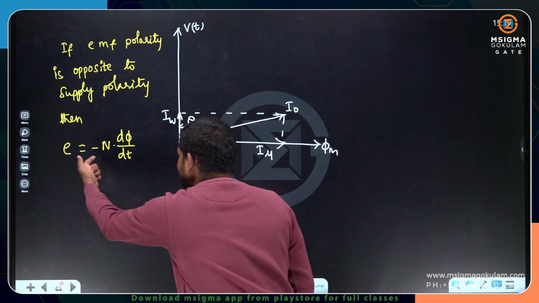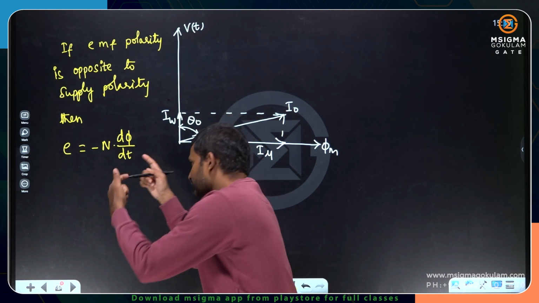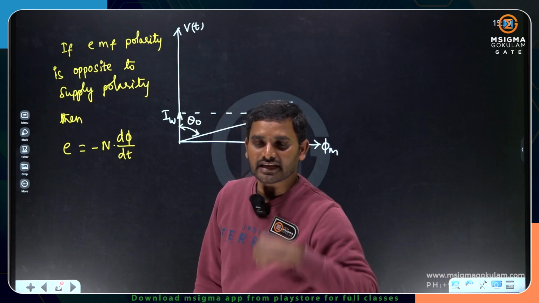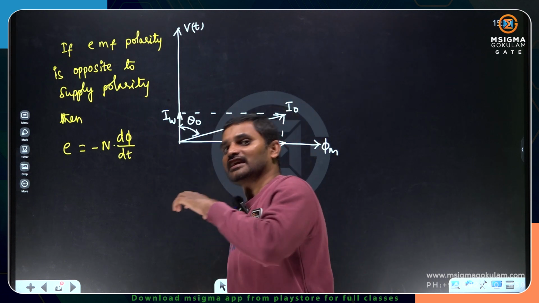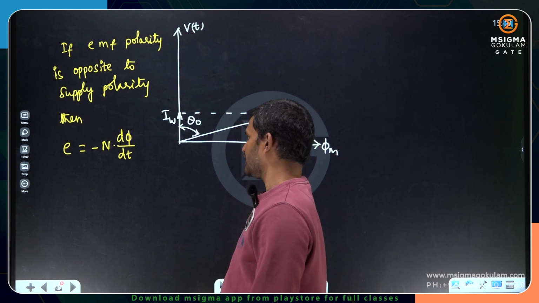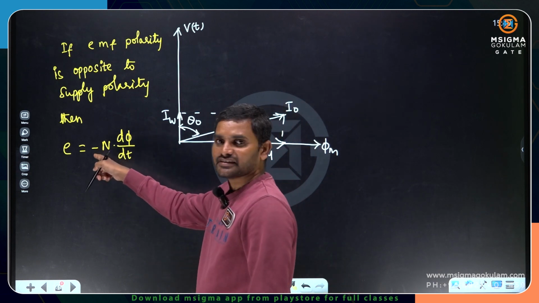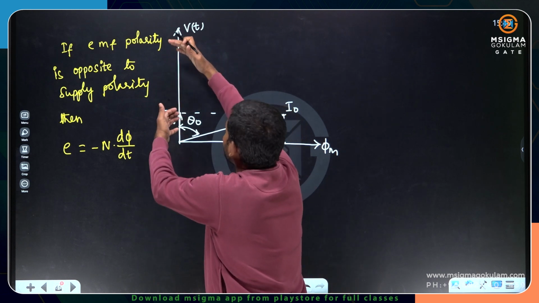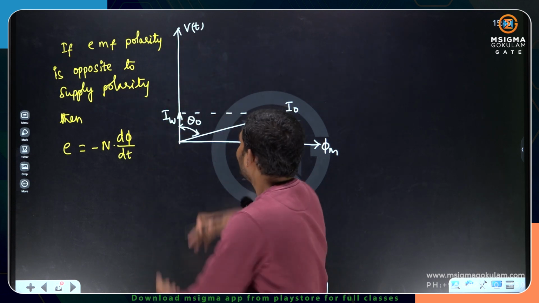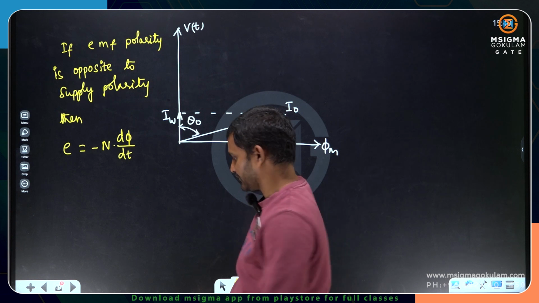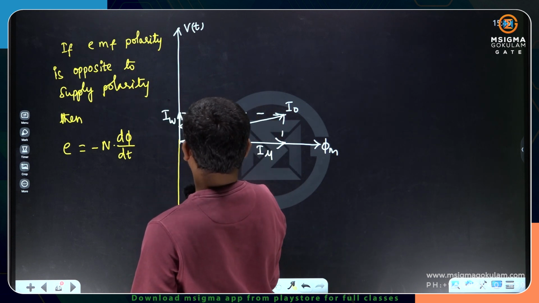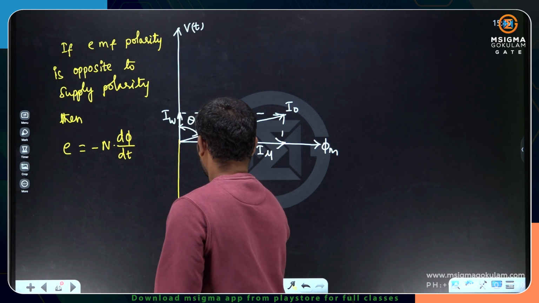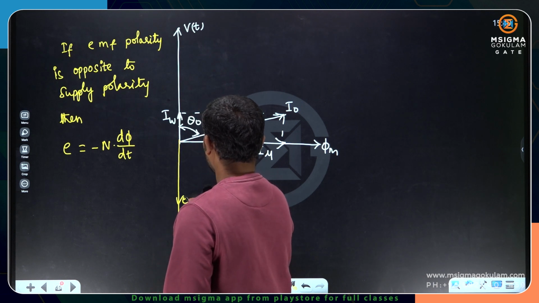If you take minus N into d phi by dt and solve it, you will get a minus sign, so you will get it as sin omega t minus 90. Because of the negative sign here, I am drawing E1 quite opposite to supply, and E2 quite opposite to supply. So I can draw E1 approximately near to the supply voltage, and E2 will be less than E1.